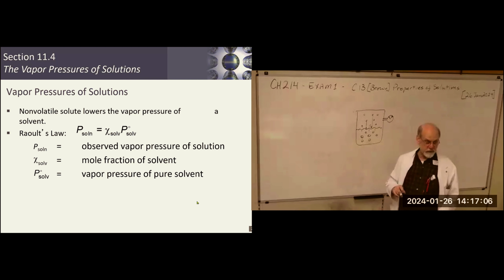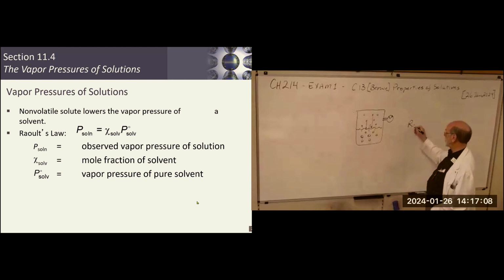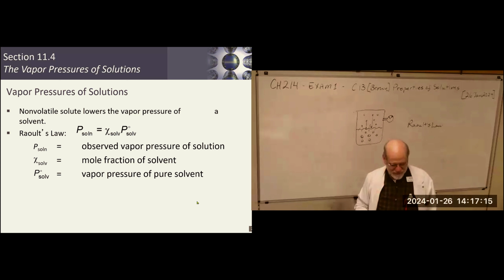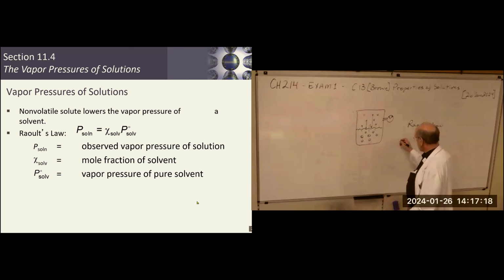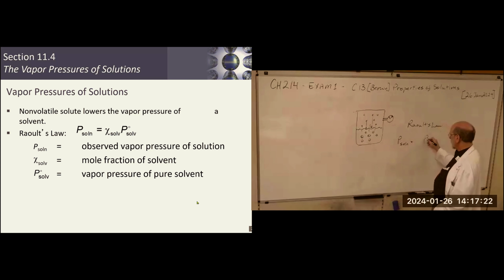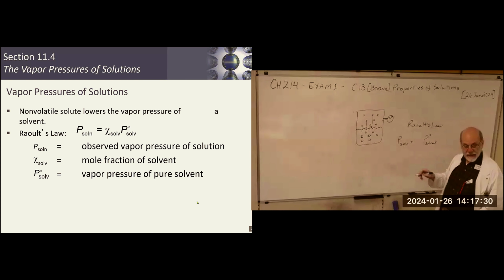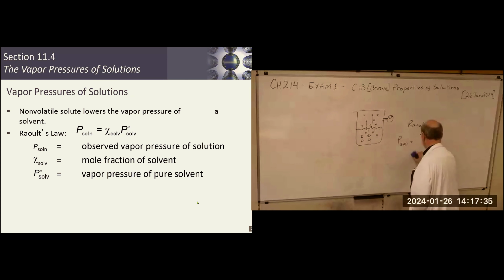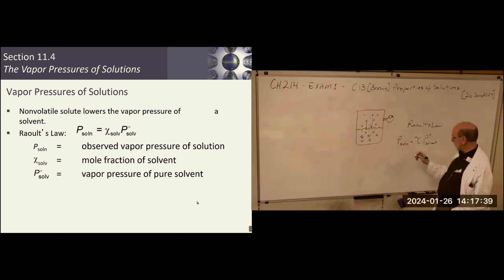We can quantify that with Raoult's law. And if you want to know the vapor pressure of the solution, then you need to know first the vapor pressure of the solvent. Okay? And then multiply that by the mole fraction. Oops, did that wrong. The mole fraction of the solvent itself.